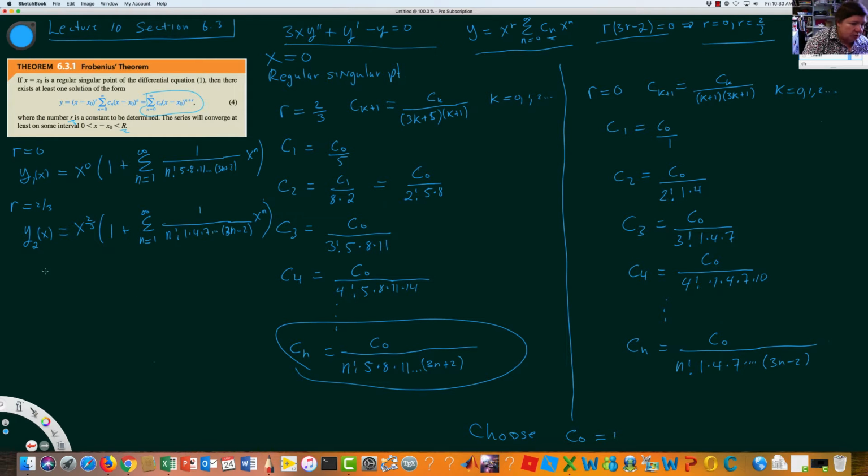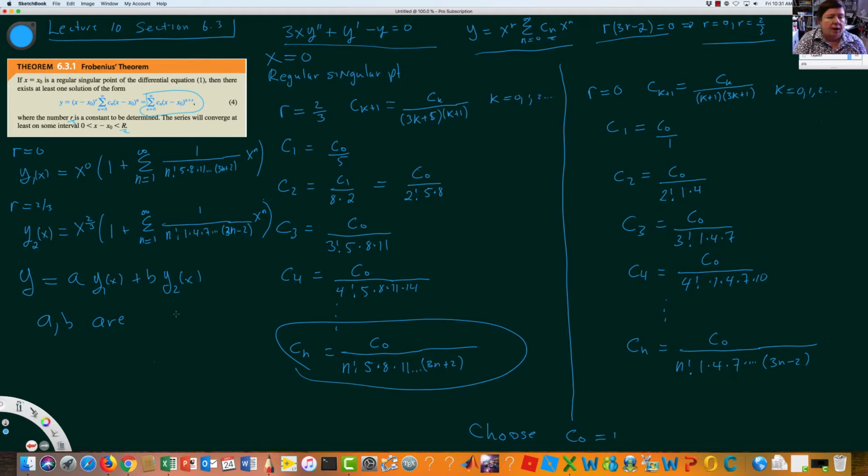And so the general solution here is going to be y equals some constant a times y1 of x plus b times y2 of x. And these constants a and b are constants, and I'm just not using c's like we usually do because we have so many c's floating around here.